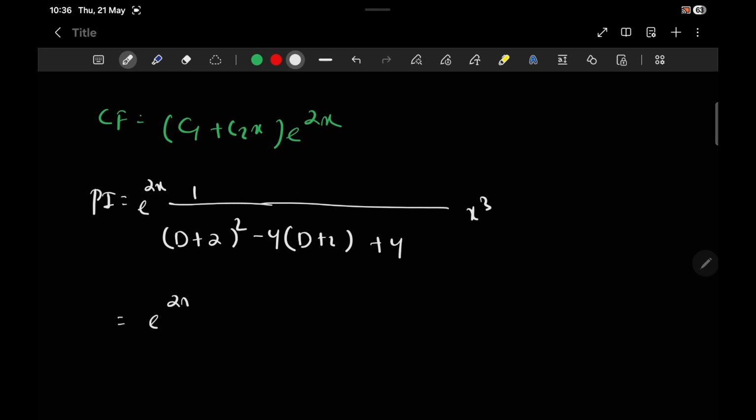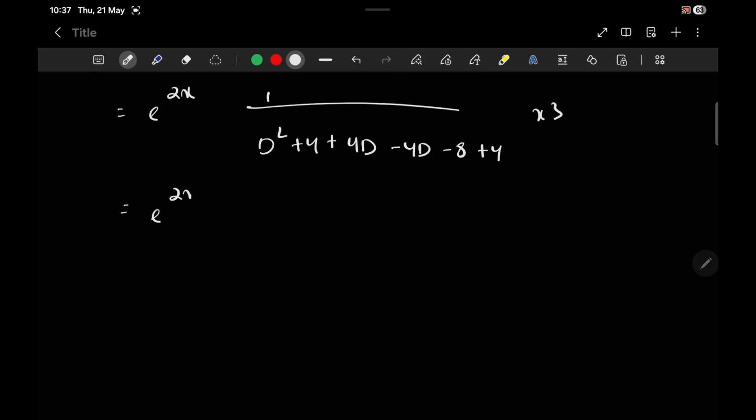So e to the power 2x, 1 by d square plus 4 plus 4d minus 4d minus 8 plus 4, x cube.